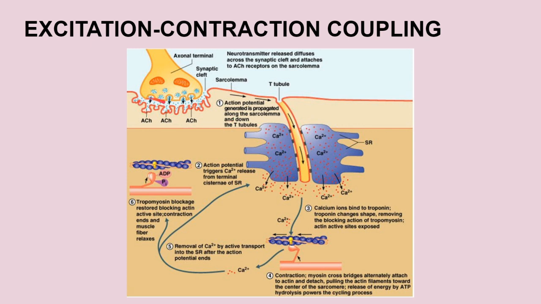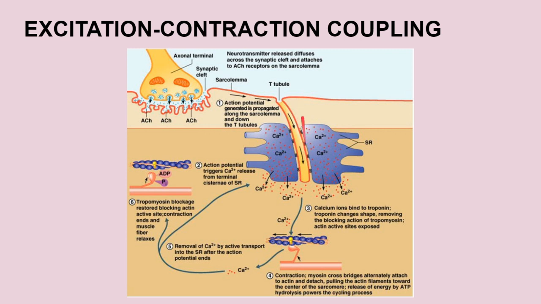Now after this electrical phenomenon, the transferring of the impulse from the nerve to the muscle, what happens is that the impulse that came from the nerve will be transmitted from the sarcolemma inside the muscle. This is done by the sarcotubular system. The T tubule will send this impulse inside the muscle fibers.